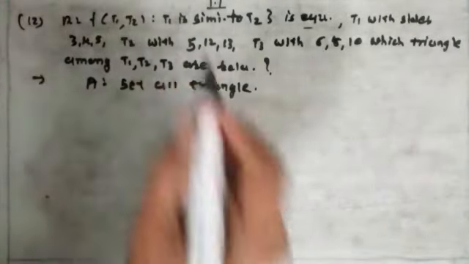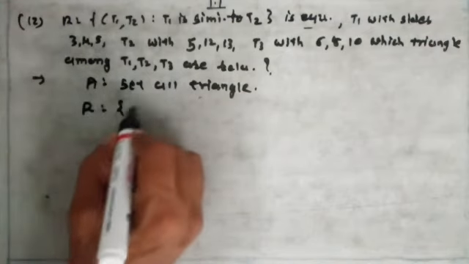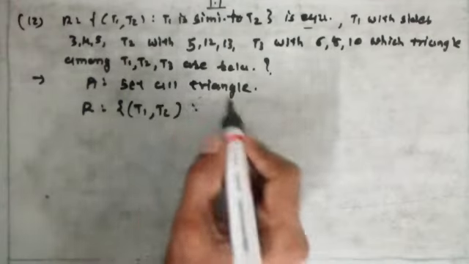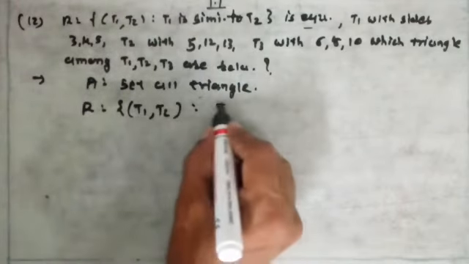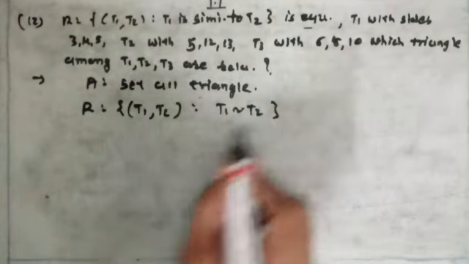Friends, you know that the relation is given as T1, T2 such that T1 is similar to T2, that is T1 similar to T2 in symbolic form.